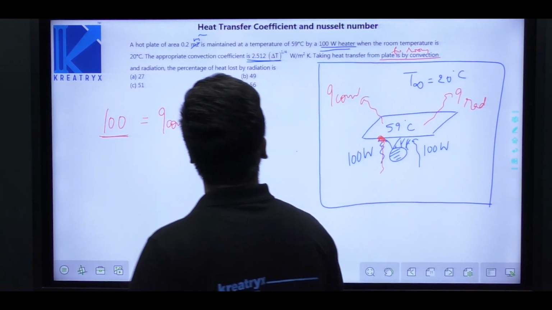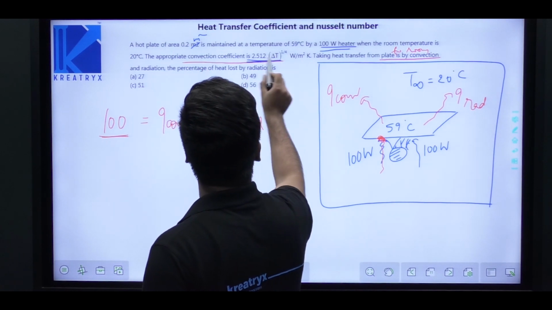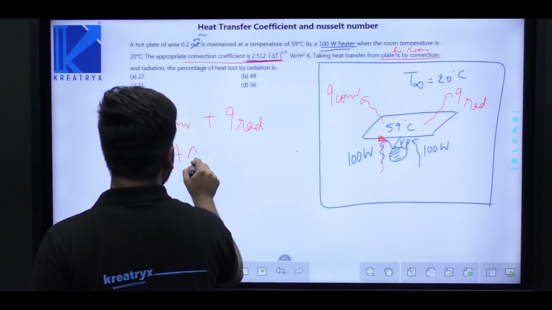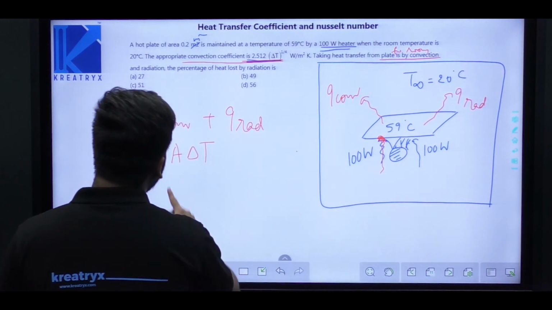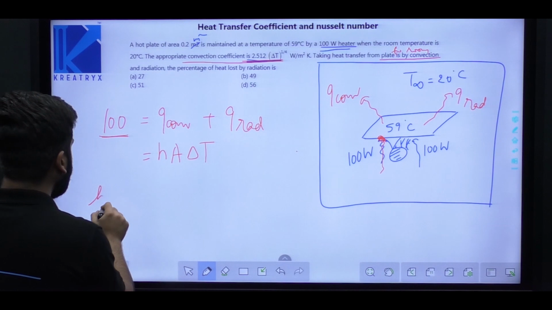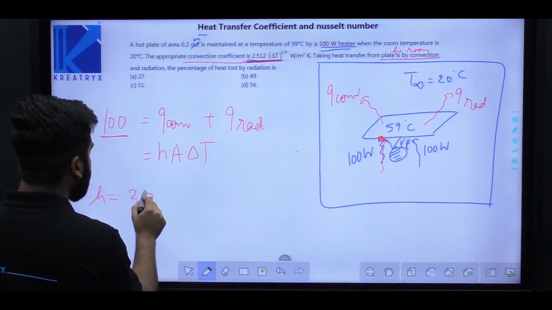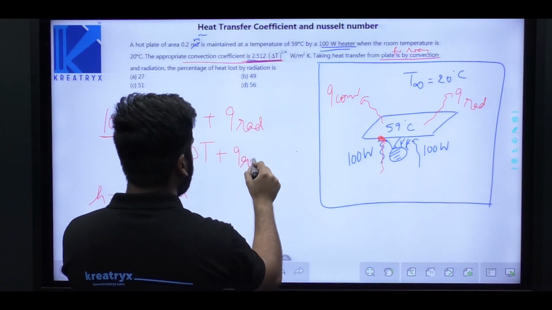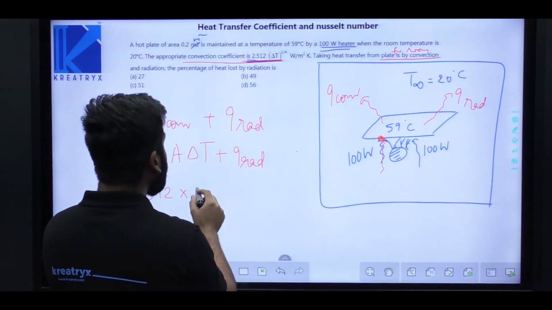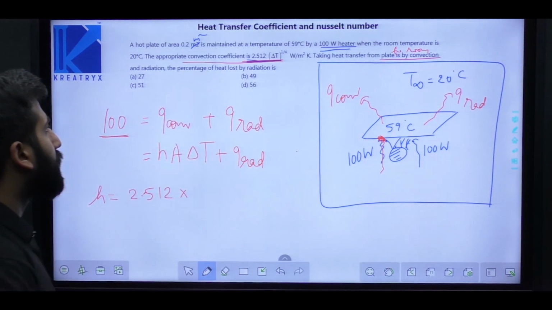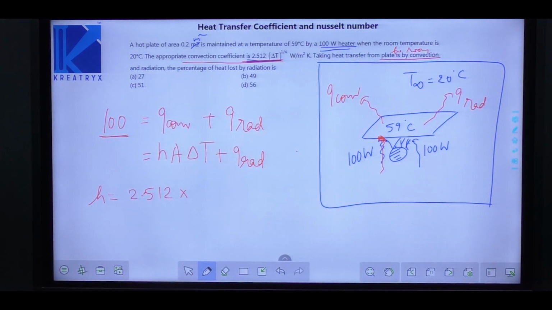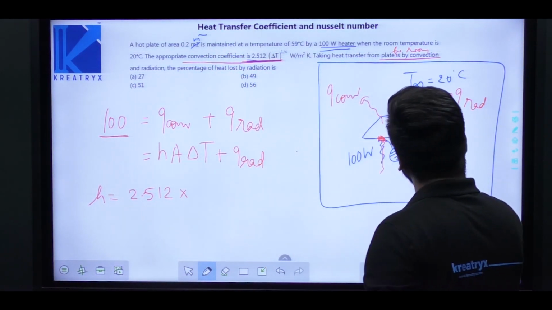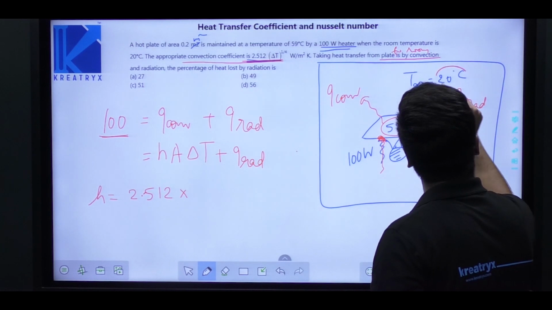I have been given the appropriate convection coefficient. Q convection is h A delta T. I can find out h, because h is equal to 2.512 into delta T raised to 1/4. What will be delta T? The plate temperature is 59 degrees Celsius and the room temperature is 20 degrees Celsius.